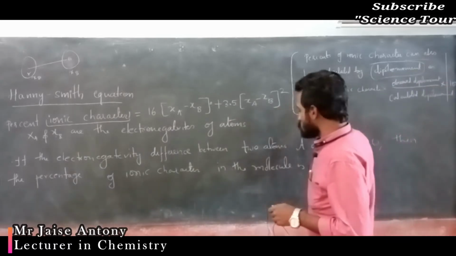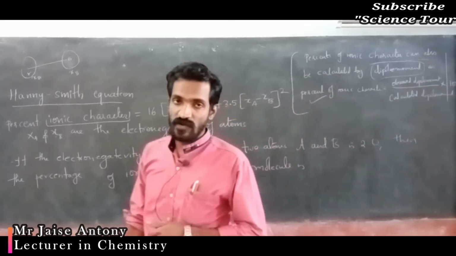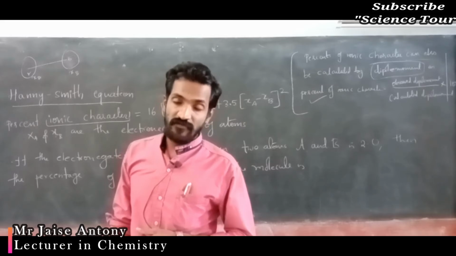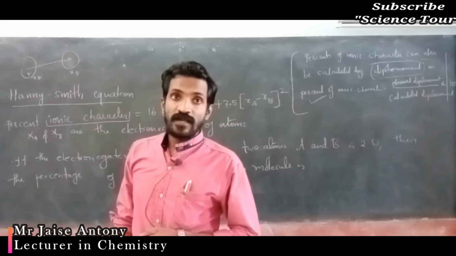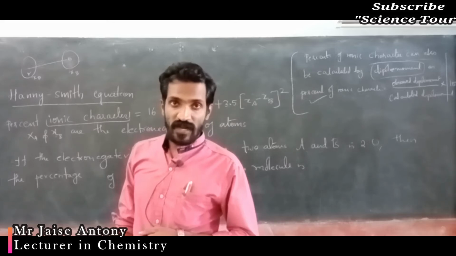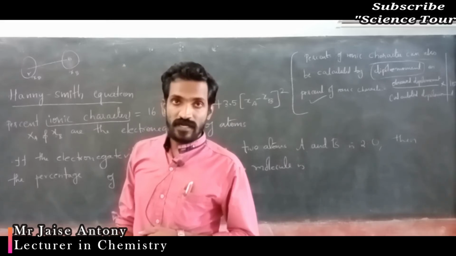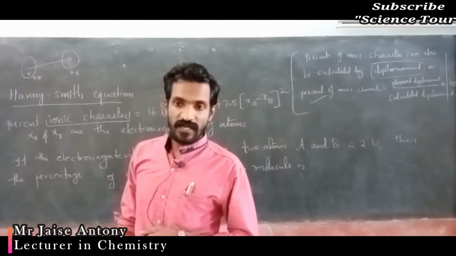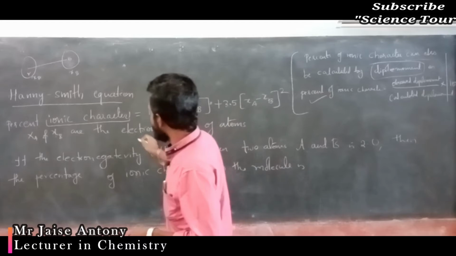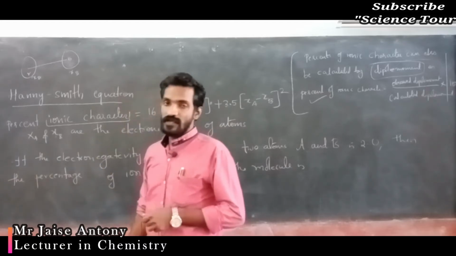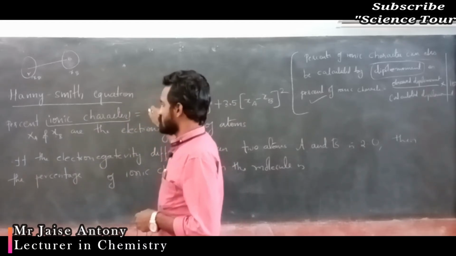If they ask to find the percentage of ionic character using the dipole moment, you can use this formula. Otherwise, if they give the electronegativity difference, you can use the Hannay-Smith formula. Understood.